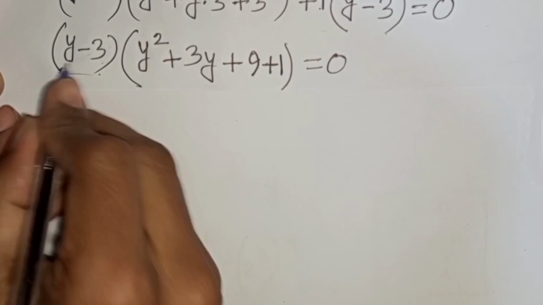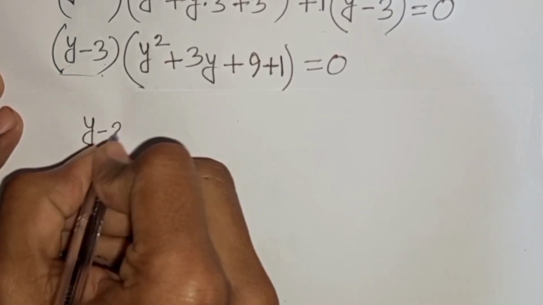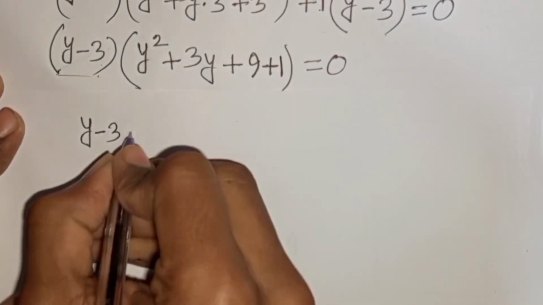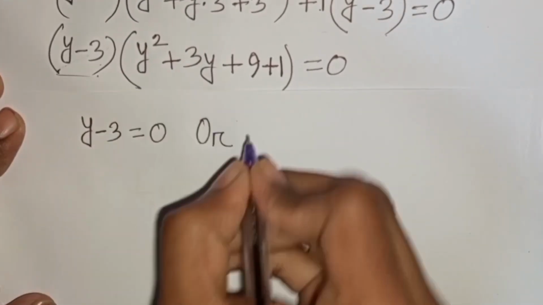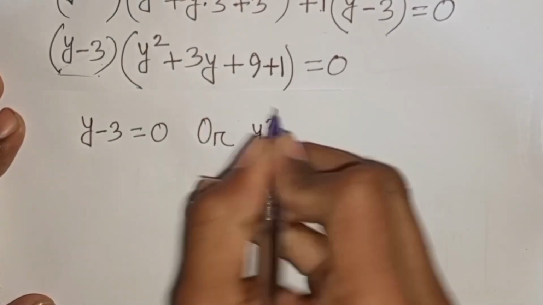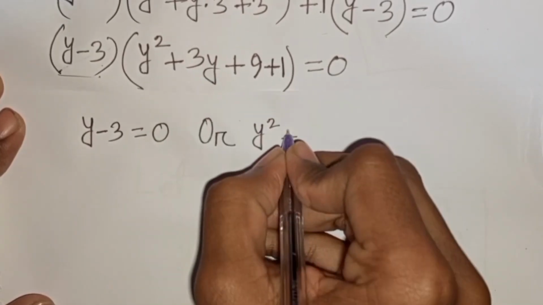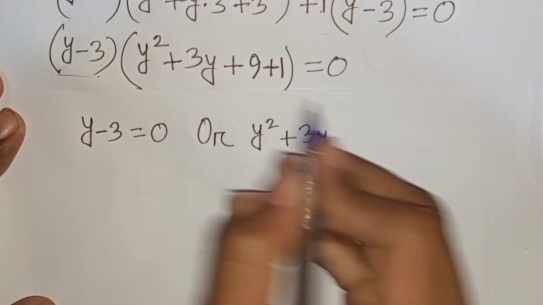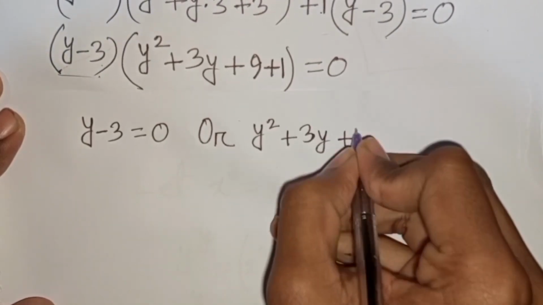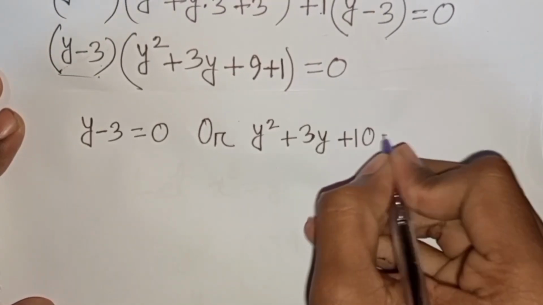Now we can write y minus 3 is equal to 0, or y square plus 3y, then plus 9 plus 1, that means plus 10, is equal to 0.